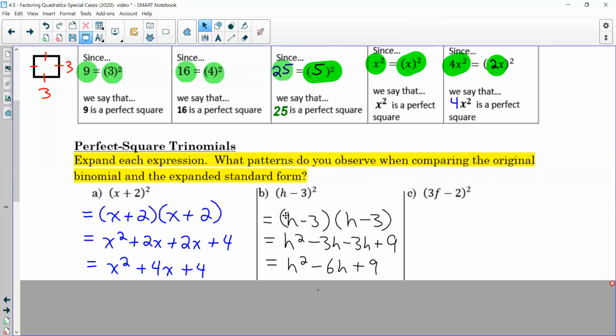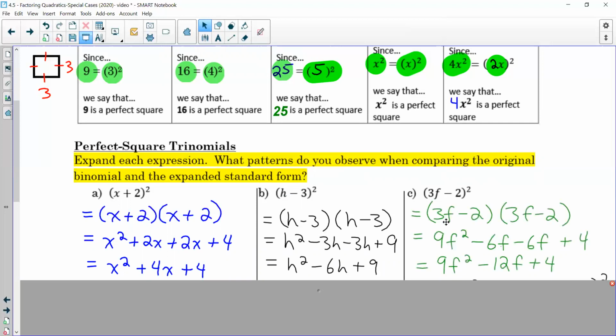So again, you notice there's h times h, h times -3, -3 times h, and so on, and then it simplifies. The last one, same idea. So distributive property to get that pattern. So the question is, is there a pattern or something that's happening in each one of these? Probably best to look here, so that you can readily identify how perfect squares are involved with this factoring concept.